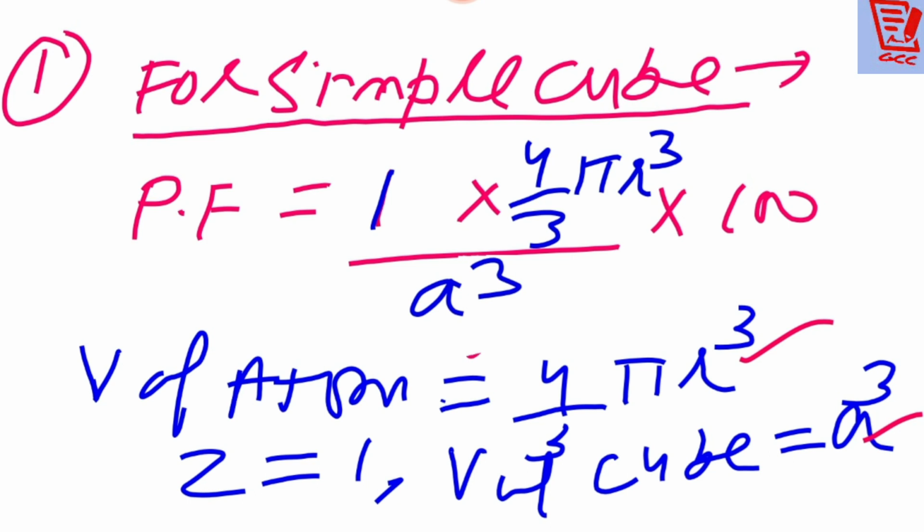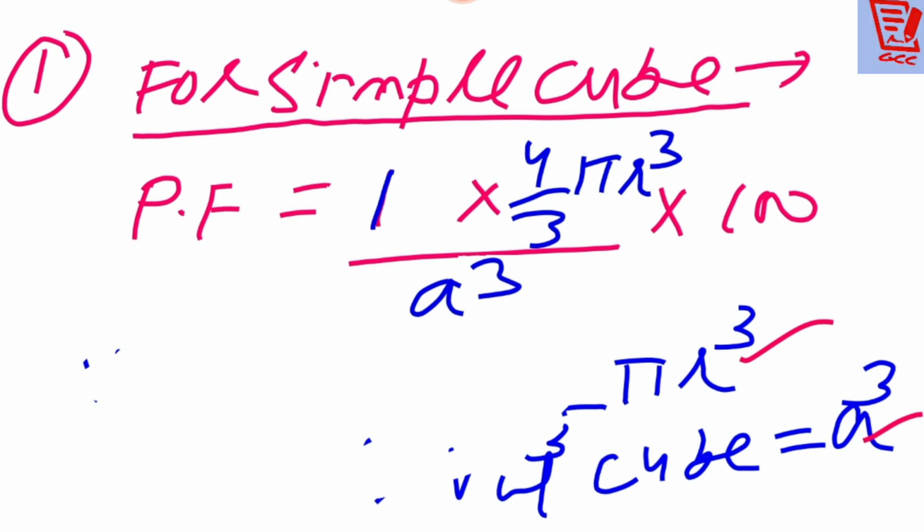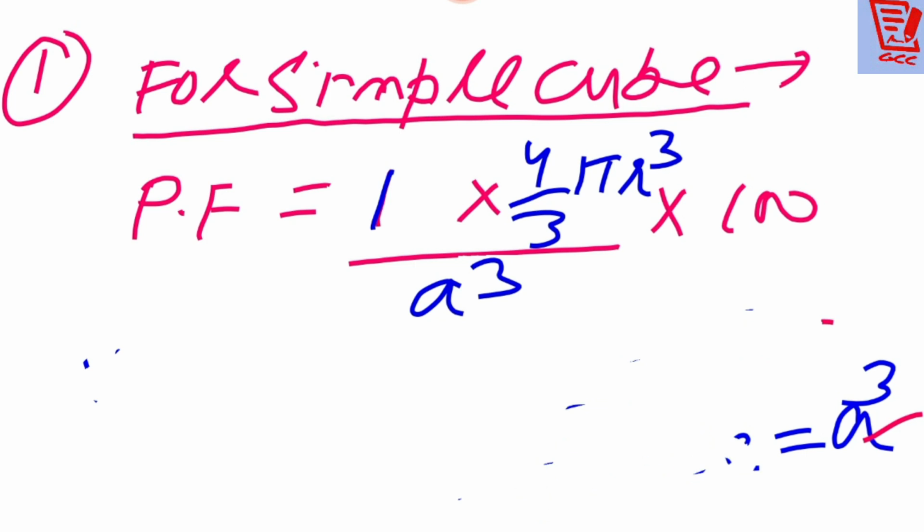Clear? Then after that, we have to fill in the value of r, which we already calculated in the derivation of the relation between edge length, radius, and the shortest or nearest neighbor distance.